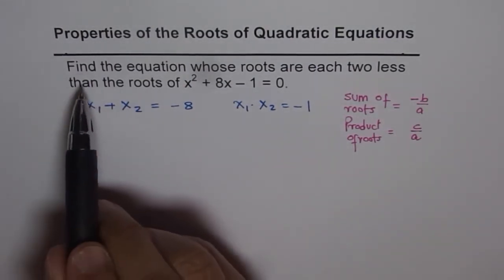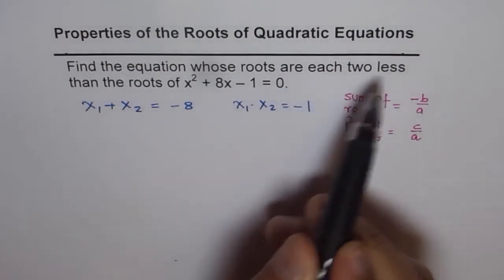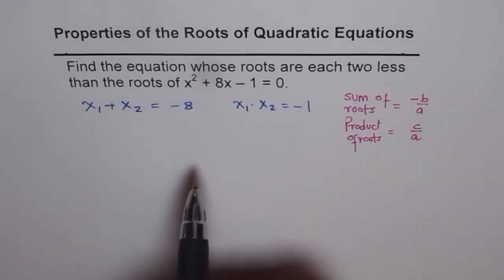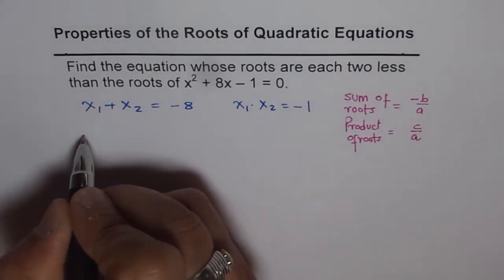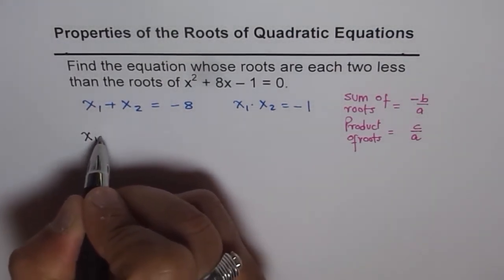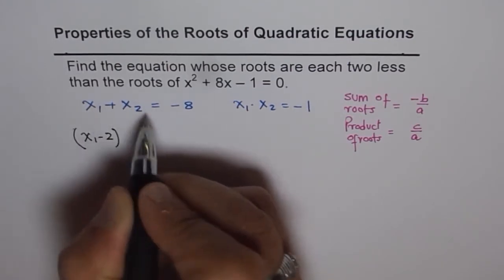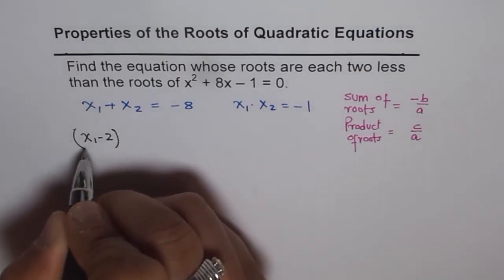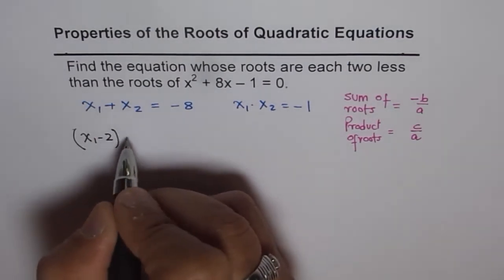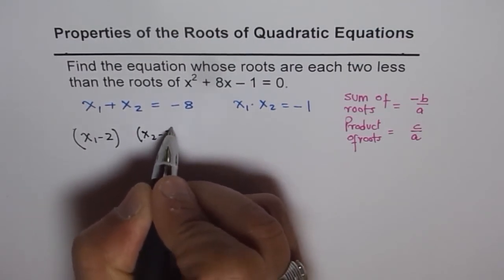Now the question is, find the equation whose roots are each 2 less than the roots given to us. 2 less than this means that our root should be x1 minus 2 and the other root should be x2 minus 2, right? So the two roots will be x1 minus 2 and x2 minus 2, correct?